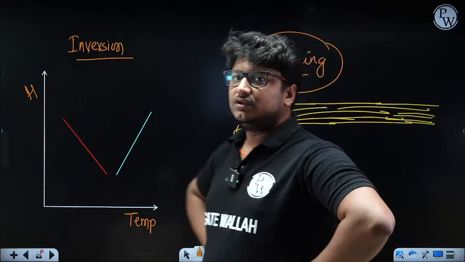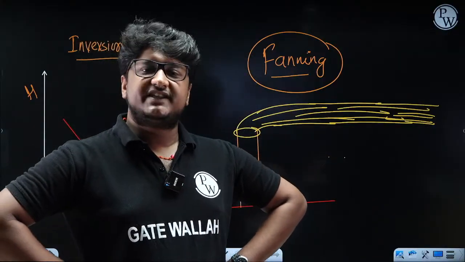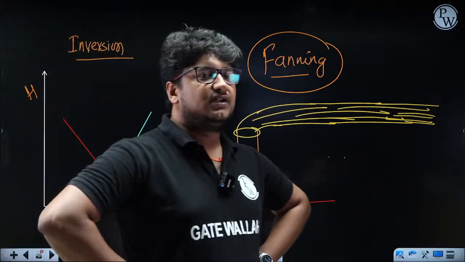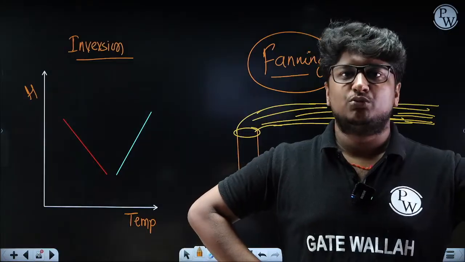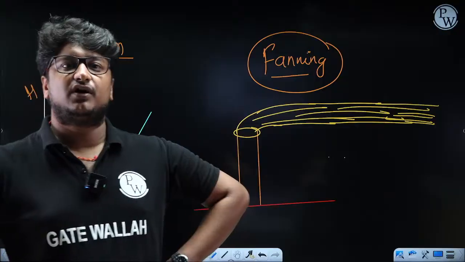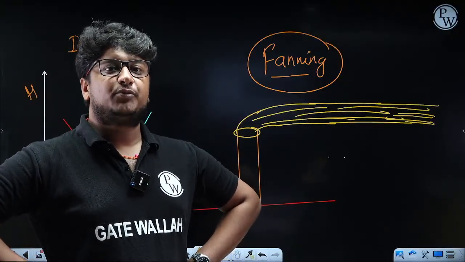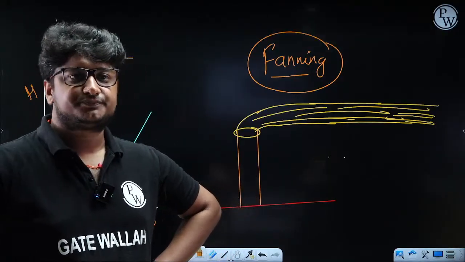Now, is it a good case in terms of pollutant dispersion and dilution or not? See, we want pollutant to get dispersed and diluted. Otherwise, this pollutant is going to affect human life. It will definitely affect living organisms. We don't want that. So we want the pollutant to get dispersed and diluted as quickly as possible.